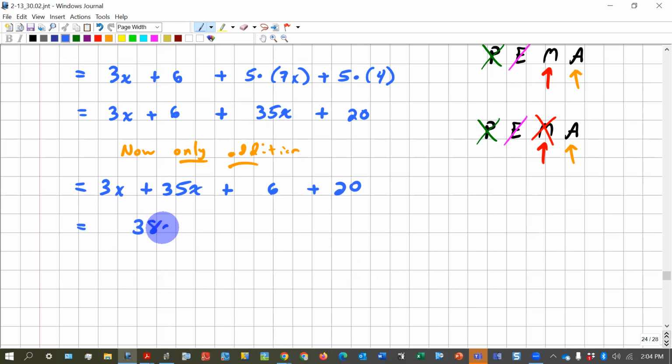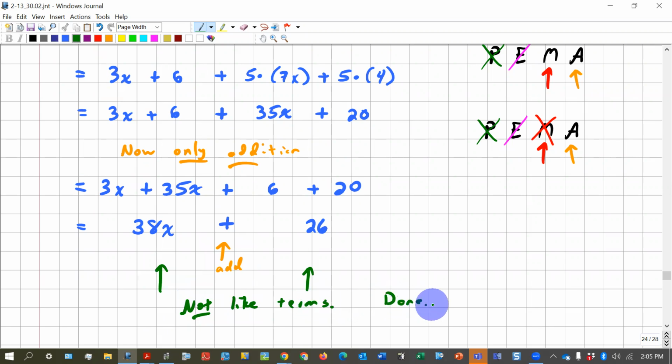So I'd have 38 x's and I'd have 26 groups of 1. I still have 1 addition, but 38x and 26 are not like terms. And so I'm done.